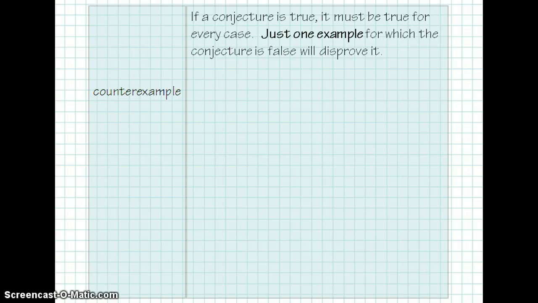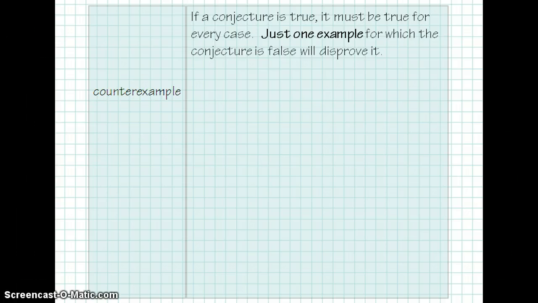Now, if a conjecture is going to be true, it has to be true for every single case. It can't just be true some of the time. If you can find just one example for which the conjecture is false, then that will disprove it. For example, let's say we came up with some weird case where we had an odd and an even number that, when we multiplied them, gave us an odd number. Well, that would disprove our conjecture.